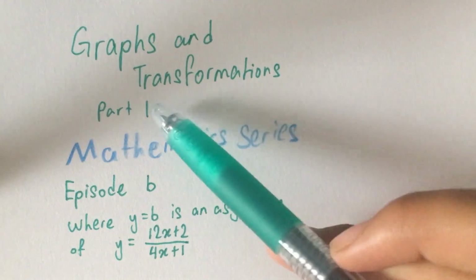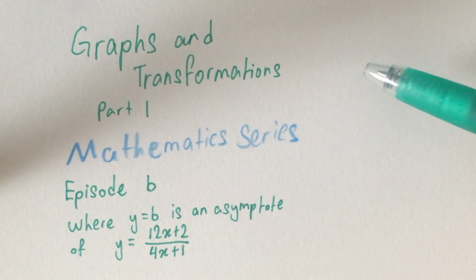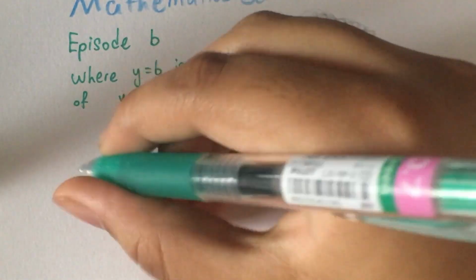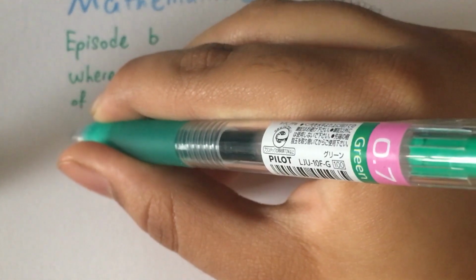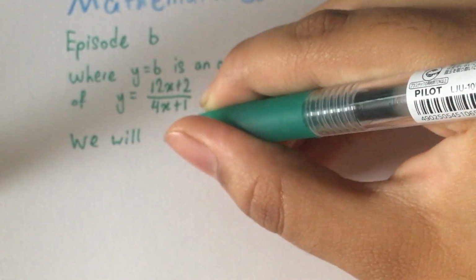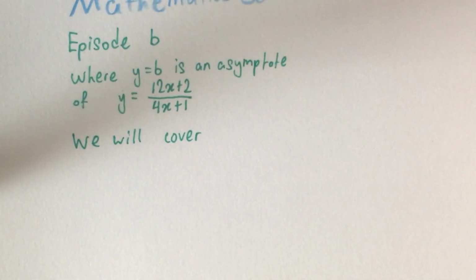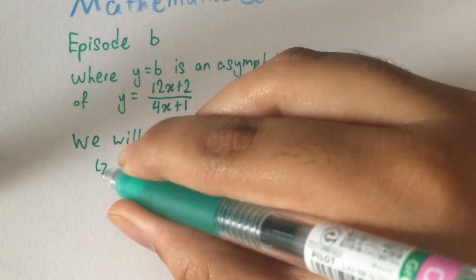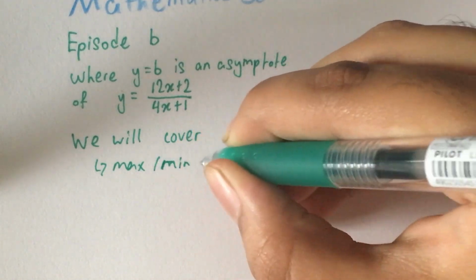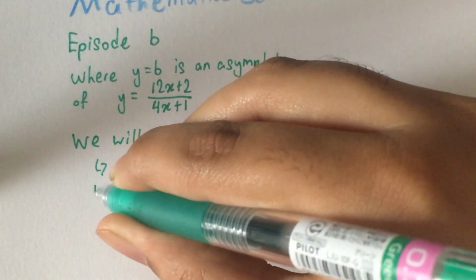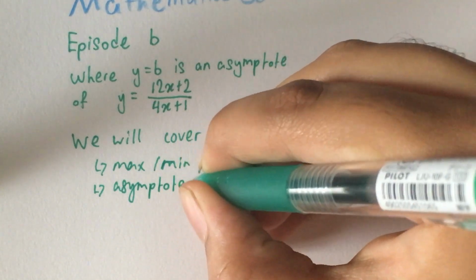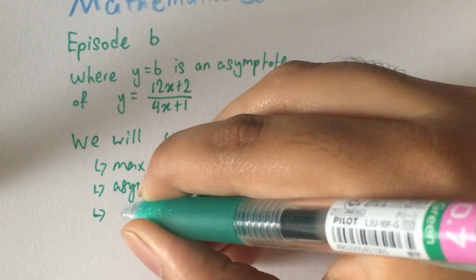Because for the graphs and transformations, I feel like I should cover the graphs with the minimum, maximum points, asymptotes and all separately, and the transformation part and parametric in the second part. So in this one I will talk about the various kinds of graphs, how to use the GC and what tricks you can do with it, and tricks for finding your maximum, minimum points, as well as asymptotes.